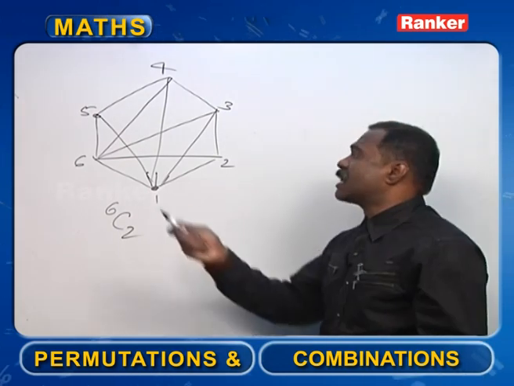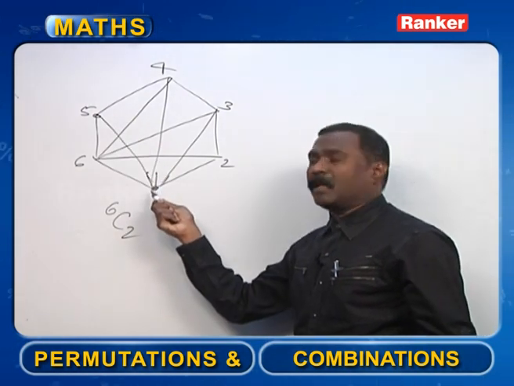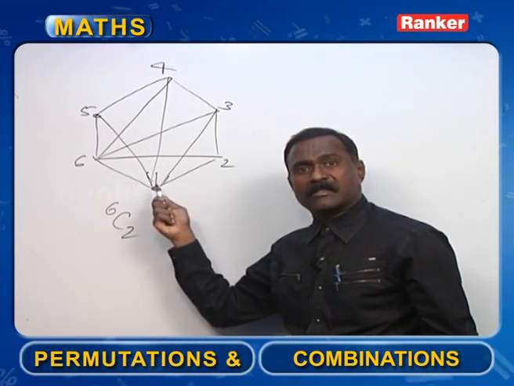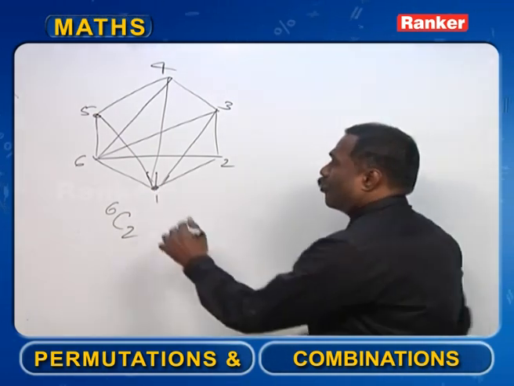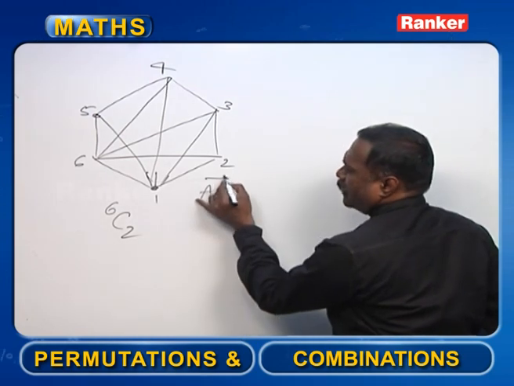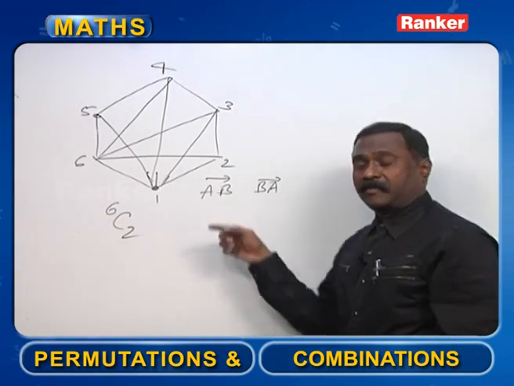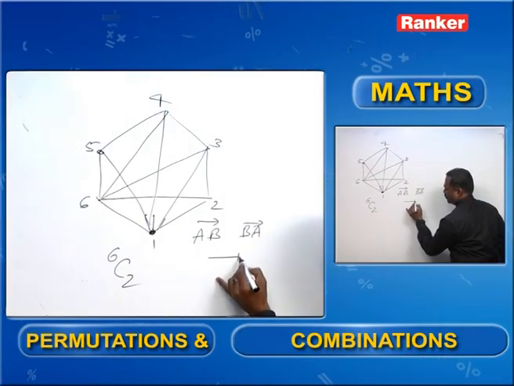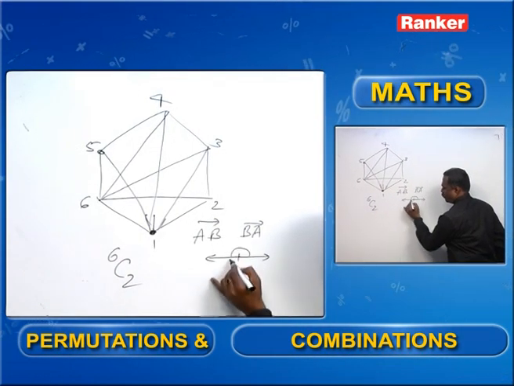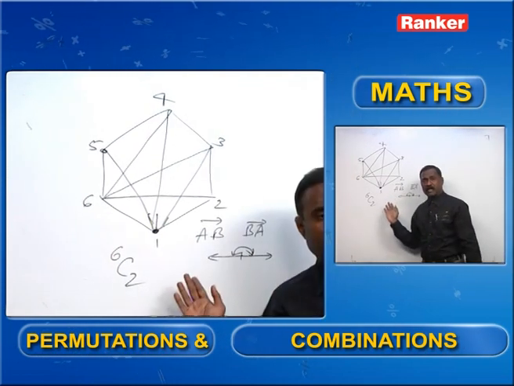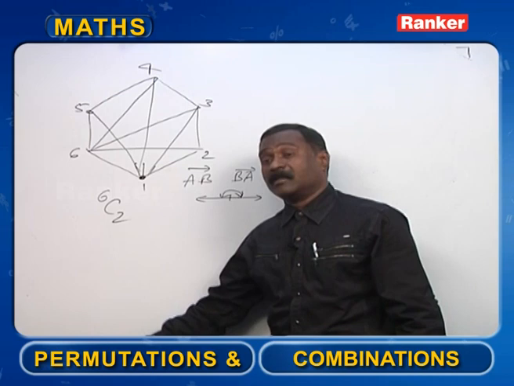Not needed, because it's a line. If it is a vector, then you have to apply P here. Vector means AB bar is different from BA bar; they differ by 180 degrees. So these are not vectors here. If it is a vector, you have to apply P, but these are lines.